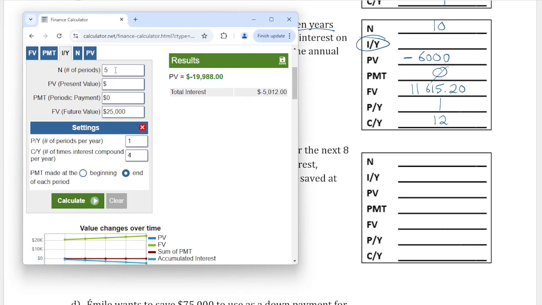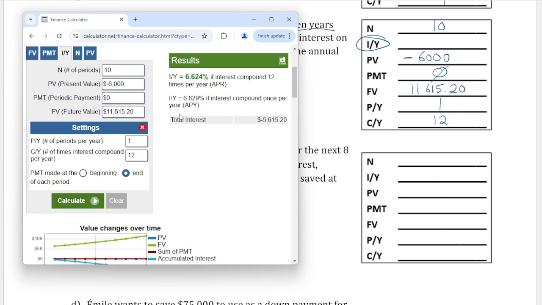We want interest rate, 10 payment periods, -$6,000 goes up to $11,615.20. 12 compounding periods. So we would need an interest rate of 6.624%.